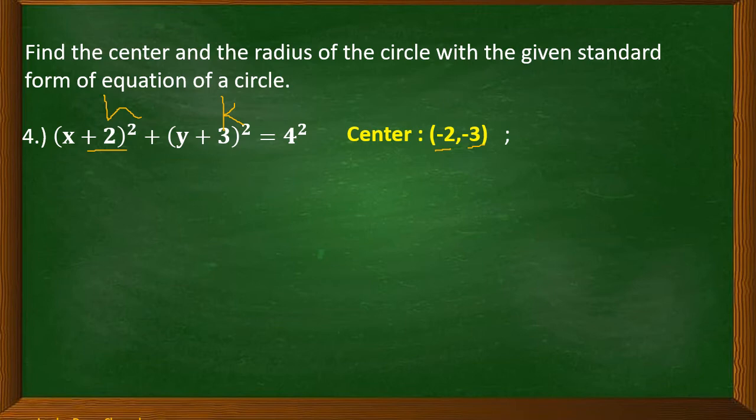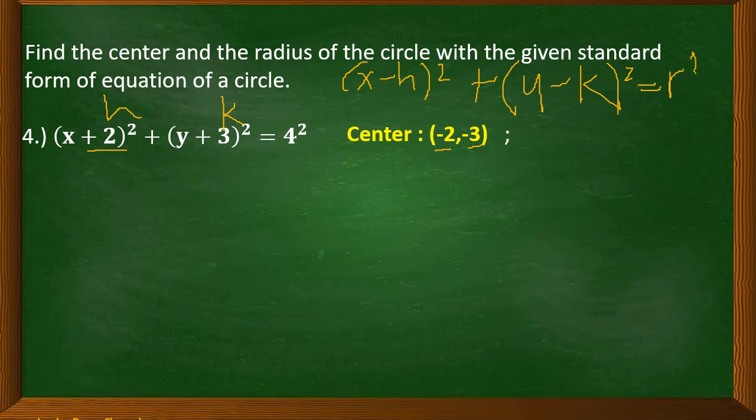So what are you going to do with positive 2? Just get the opposite sign, because the original equation is quantity of x minus h squared plus quantity of y minus k squared is equal to r squared.